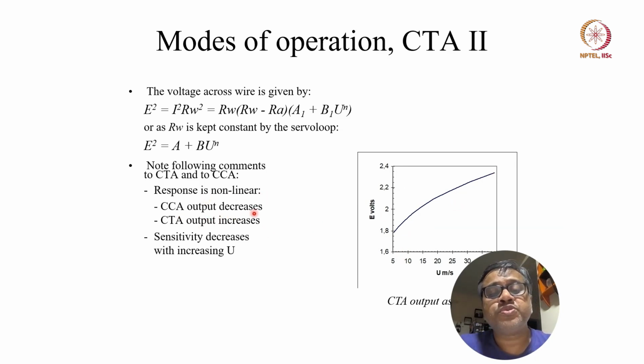In CCA the output decreases; in CTA, the constant temperature anemometer, the output increases. The sensitivity decreases with increasing value of U. This is the kind of graph that you get. The response is non-linear. So you are measuring E, and that gives you U.